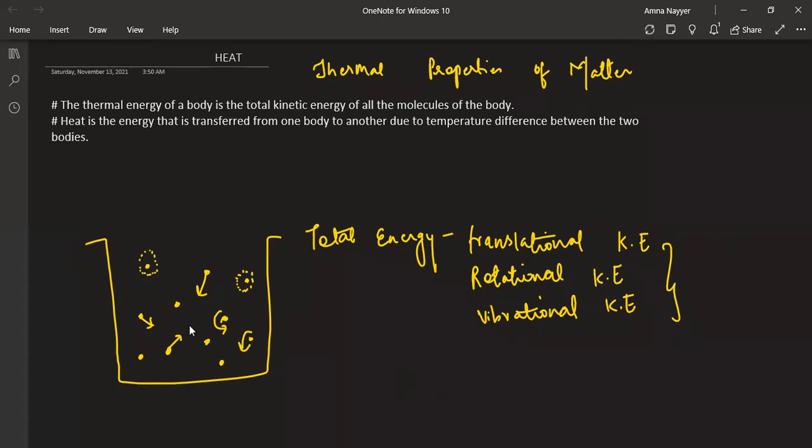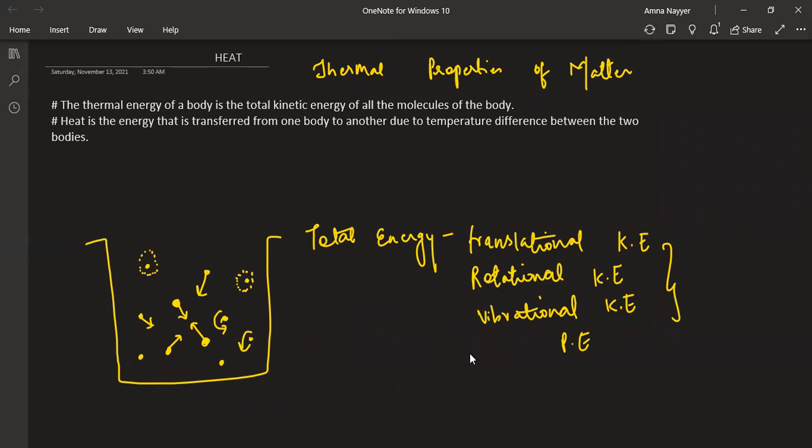Now, other than this, what all types of energy can exist? This particle can be exerting force on this particle. These 2 particles can be exerting force on each other. So due to force, due to interaction, we have one type of energy that is known as potential energy.